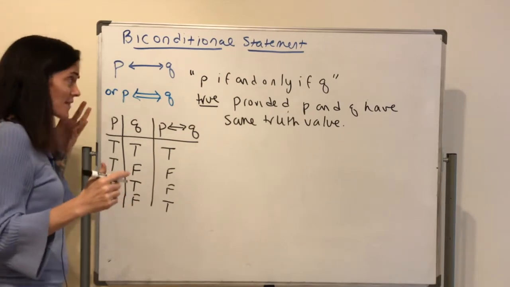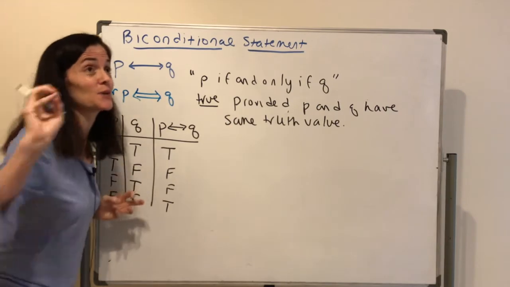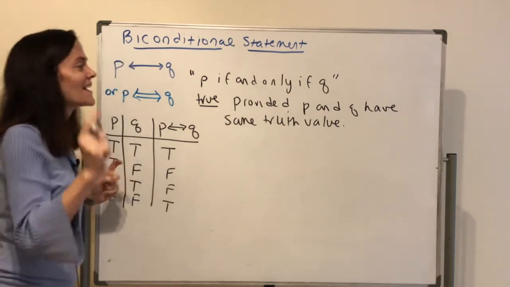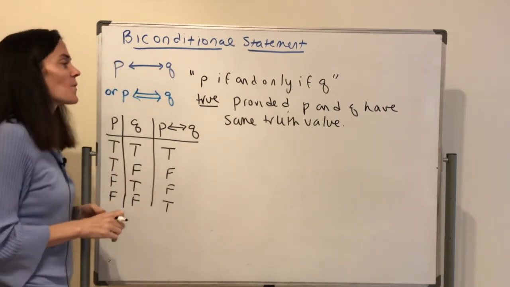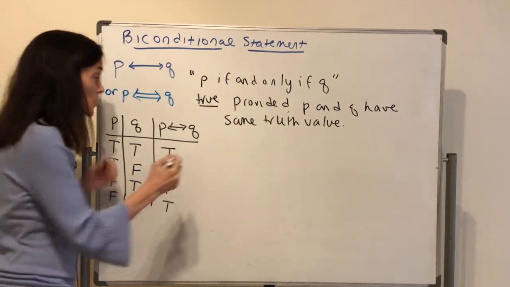Now, there's another way to think about this expression that we will actually use when we get into proving if and only if statements. But before I write that down, I need to define logical equivalence.